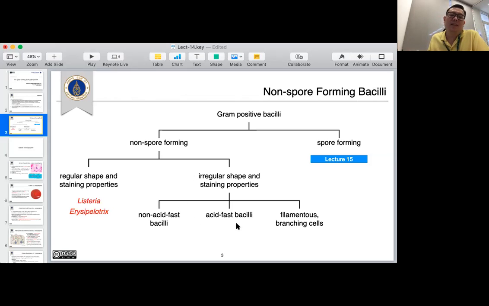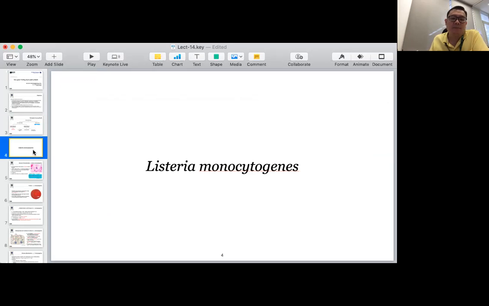That's the thing. You learn all of this in this lecture. We cannot go into very much detail, so I jump from one bacteria to another. I try to emphasize only important points, okay? Let's start from Listeria.